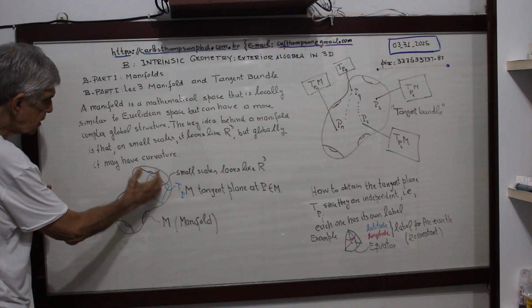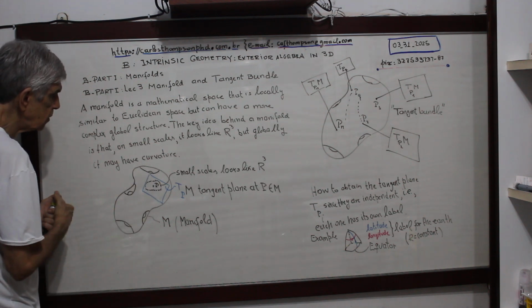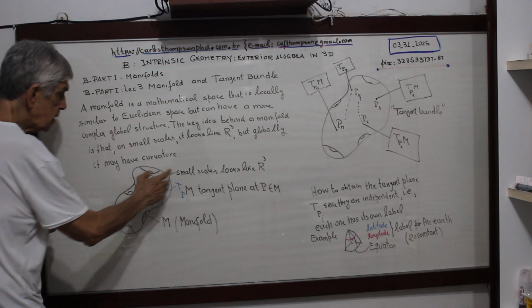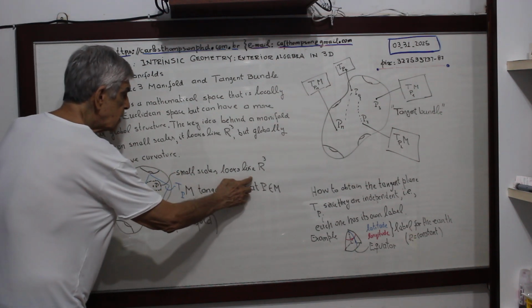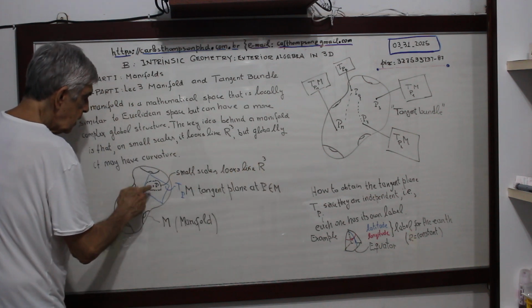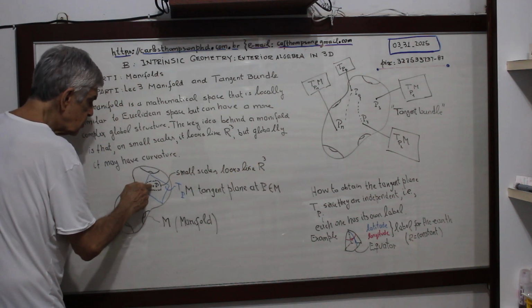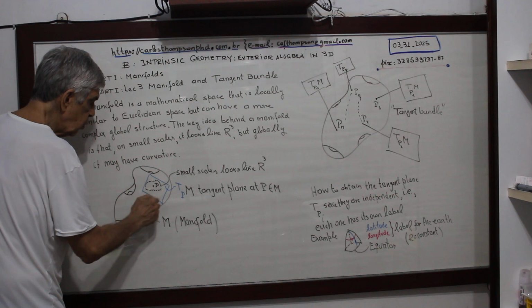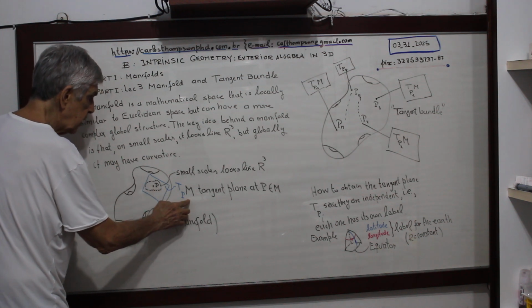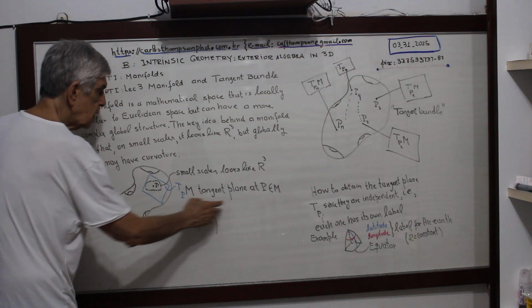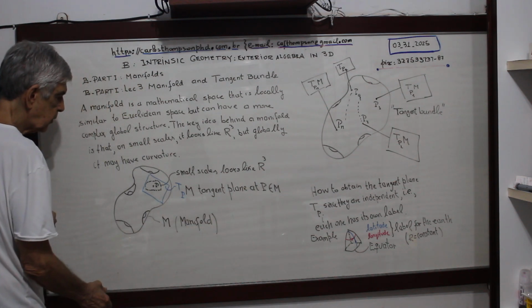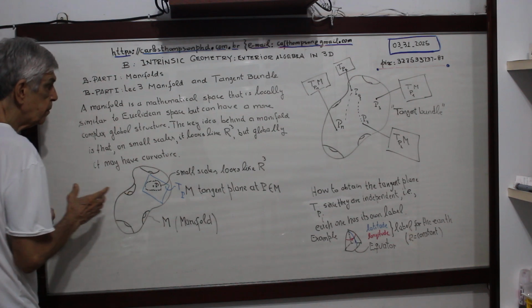You see, this is an example of a manifold, and the small scales look like R3. And this is a tangent plane over here. This blue one is a tangent plane at point P of the manifold. Okay, that's written here. So M is the manifold.